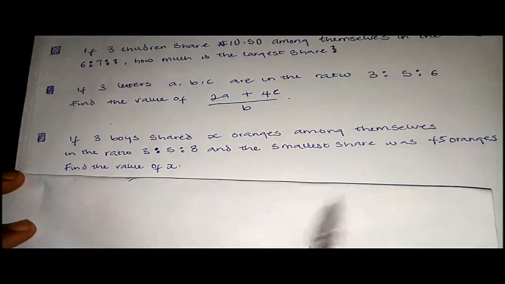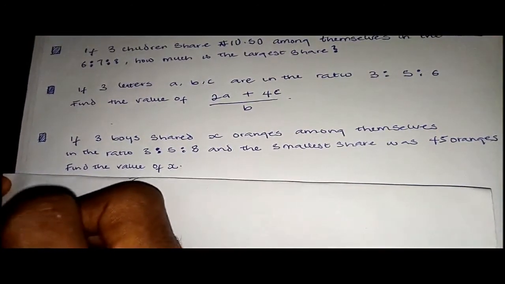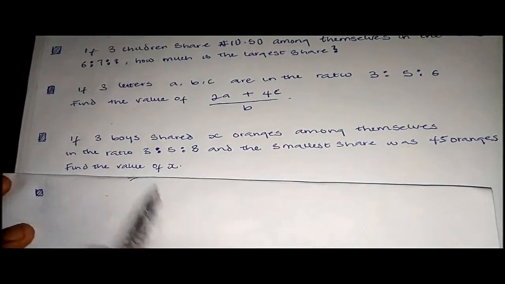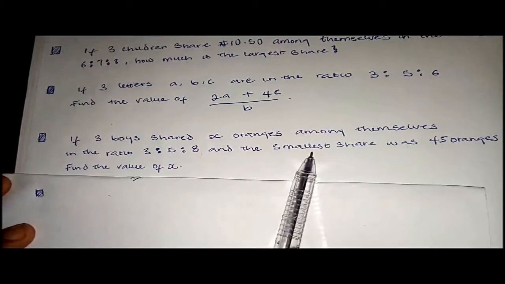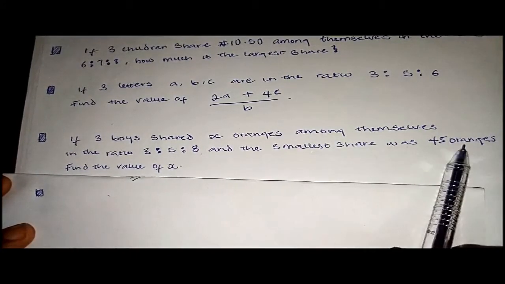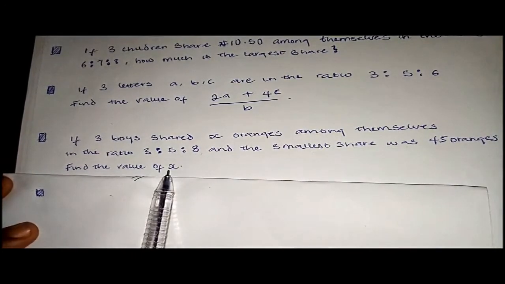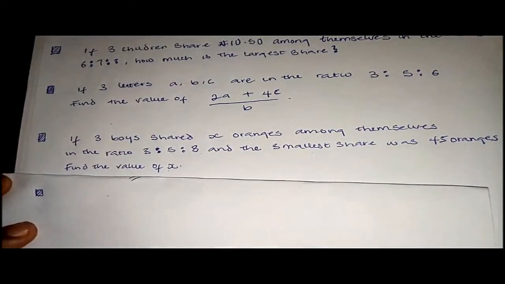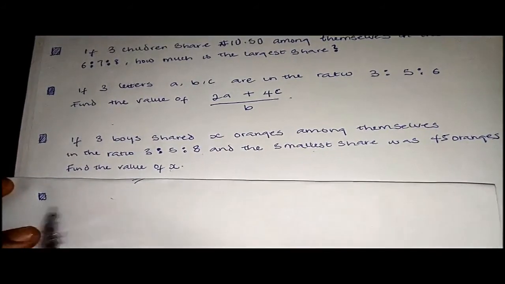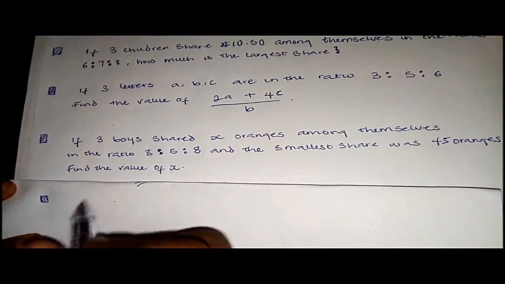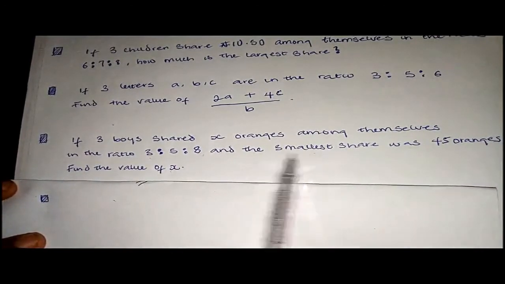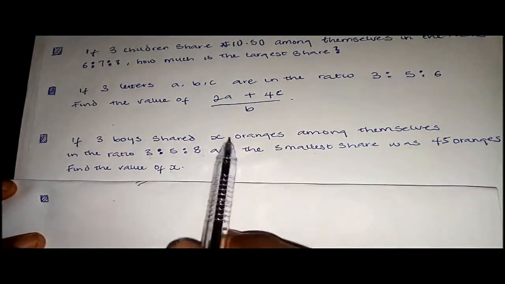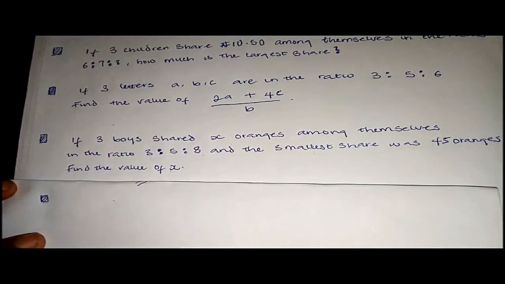The information is that there are 3 boys, that these are their ratios, and that the smallest share is 45, and we don't know the number of oranges. So we're going to use the smallest ratio to help us find the smallest share, and that helps us find the number of oranges, since that's all the information we have.